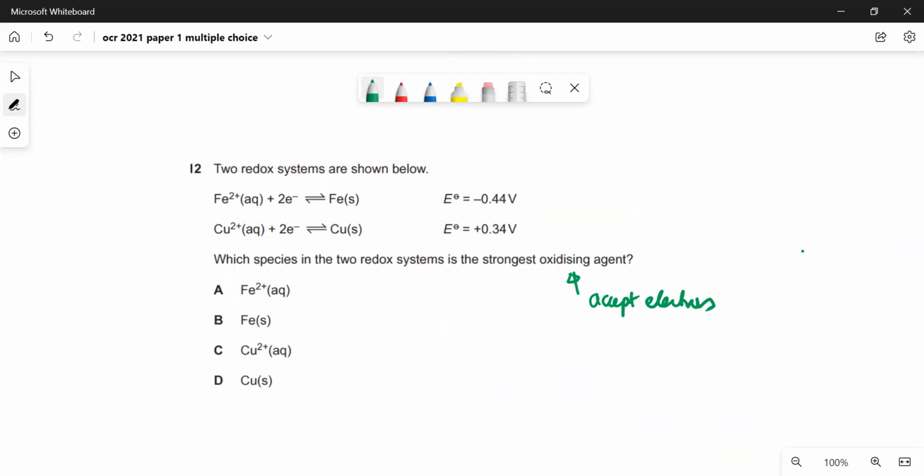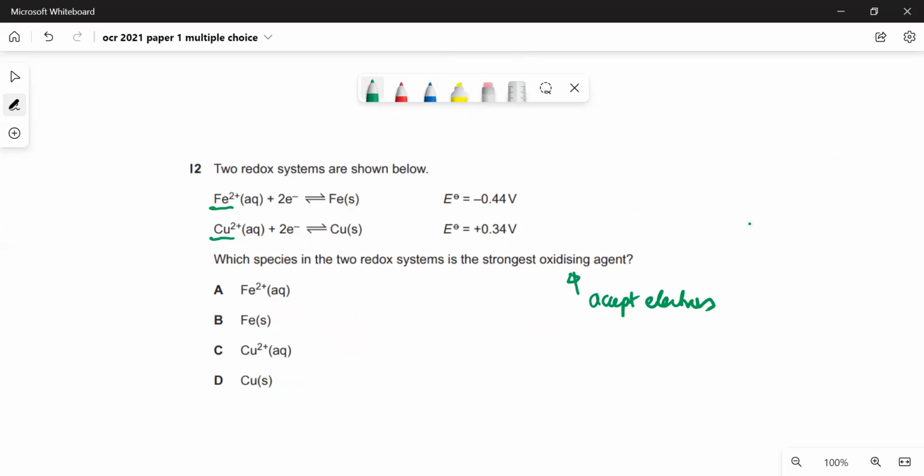Well, it's these two, the Fe2+ and the Cu2+. They're the oxidizing agents because they accept the electrons as the equation goes forwards. The metals themselves, Fe and Cu, go backwards, they give away electrons, so they're reducing agents. So we've got the oxidizing agents.